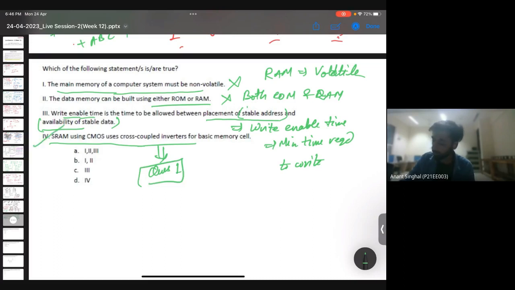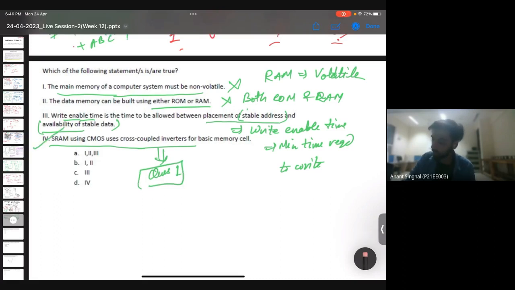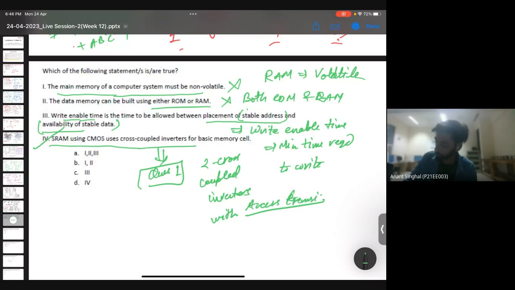So this is the correct statement that for a basic memory cell, we require two cross-coupled inverters with access transistors, which are M5 and M6. So the correct option is option D. So I hope it is clear. So we can proceed to the next now.